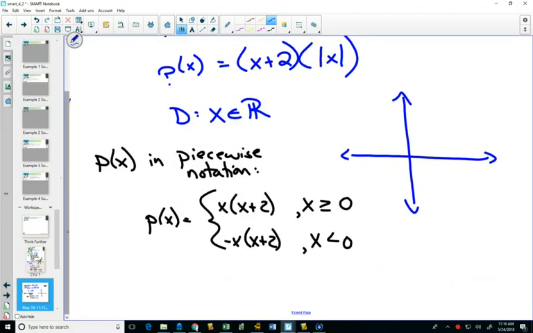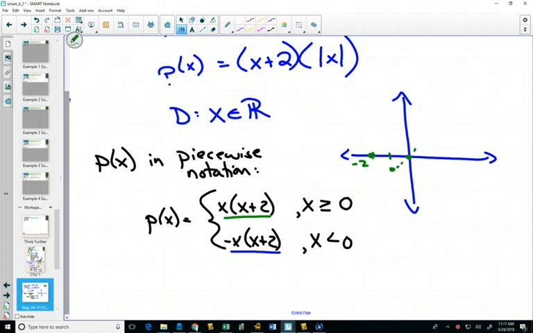I'm going to graph this one in green and this one in blue. They're both parabolas, and because they're in factored form, I know that the x-intercepts of this green one will be at 0 and negative 2. This would be x squared plus 2x, which is a parabola that opens up.